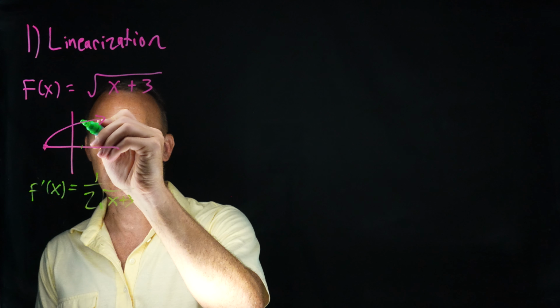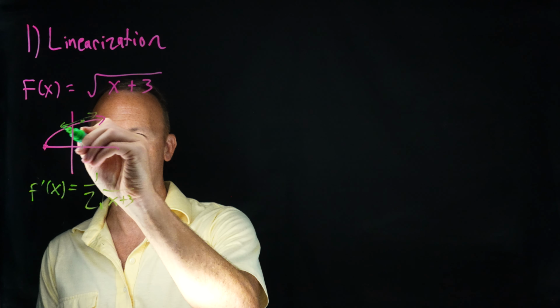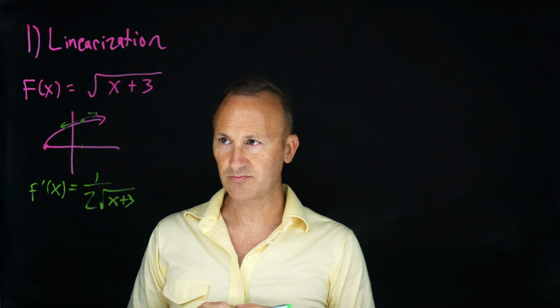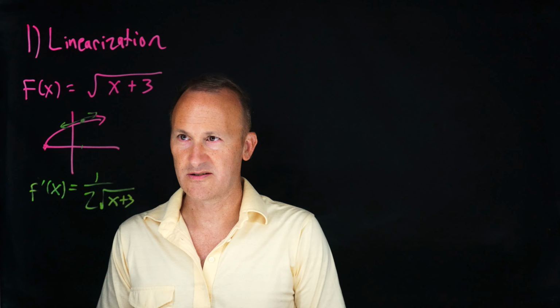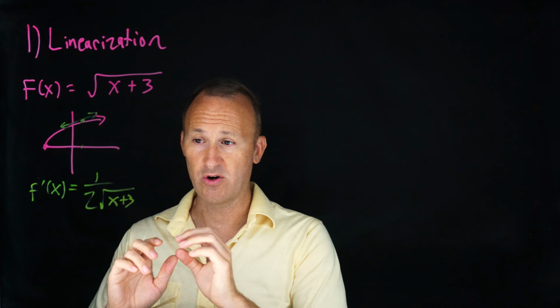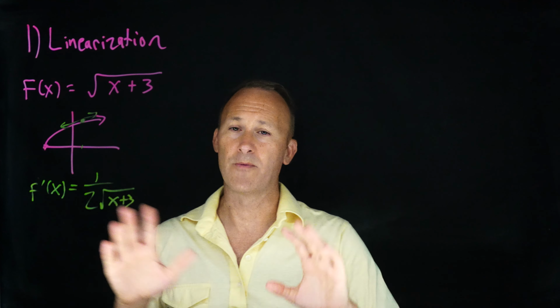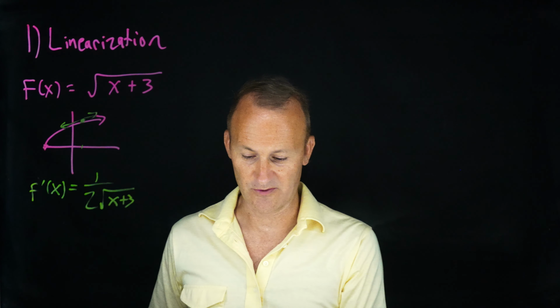And what we have here is some tangent line. Now, the idea is the following. The tangent line is close to the curve at points that are nearby. So I mentioned 1.1, and that's what we're actually going to be looking for.